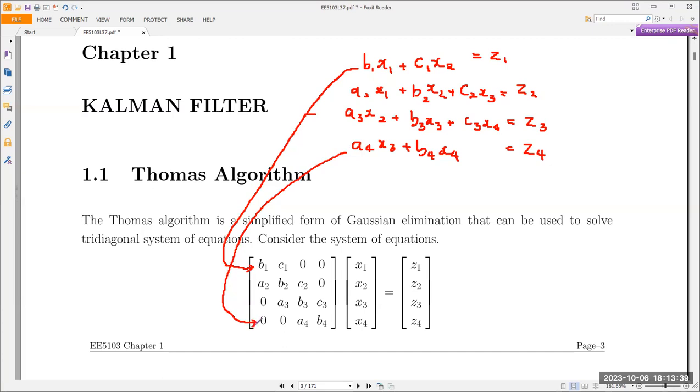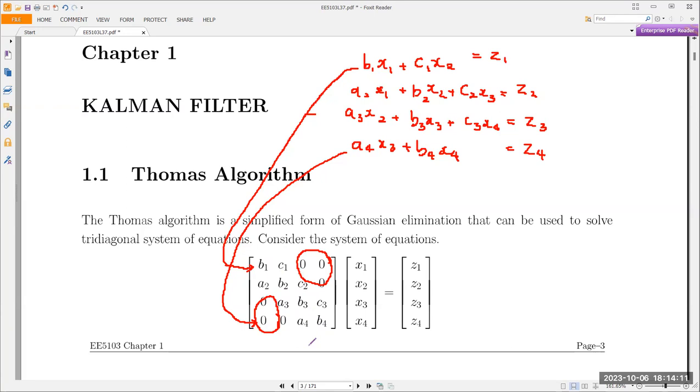This simultaneous equation has a special pattern: if you put it in matrix form, you see that the off diagonals are all zeros. You only have numbers along the main diagonal and the one above and below it.